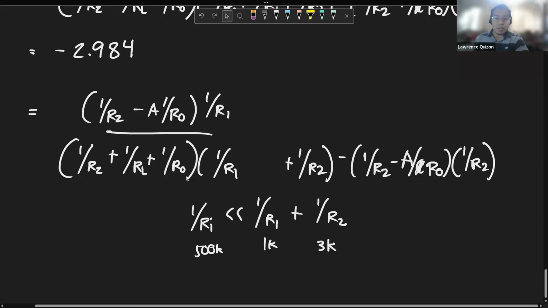Likewise, dito sa part na to, R out is 200, as opposed to R2 and RL, which are thousands. No? So we can actually remove RL and R2 here.